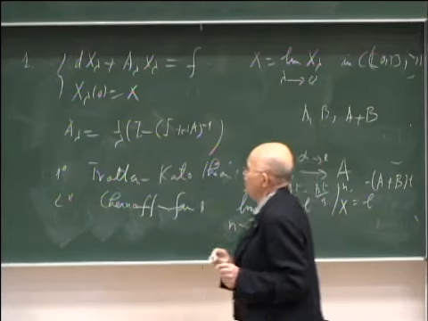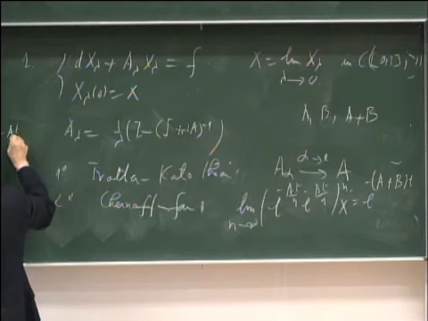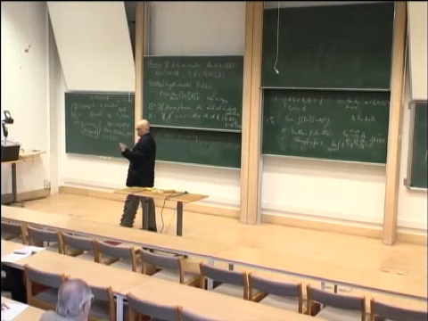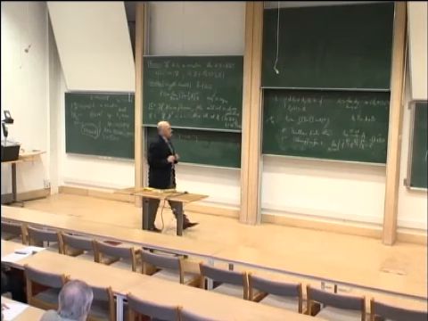We have denoted by e^{-At} the solution to the autonomous problem. That means the solution to the equation, the semigroup in fact, generated by A in this case.